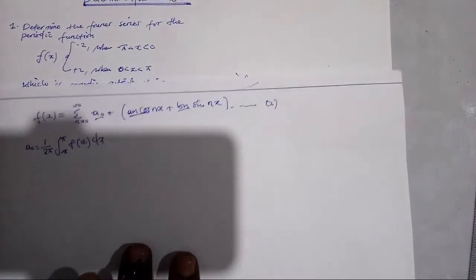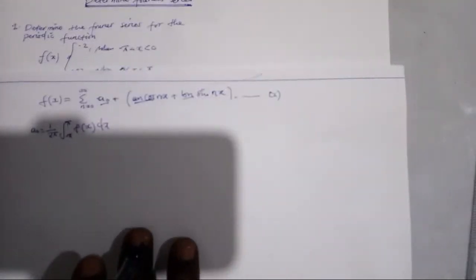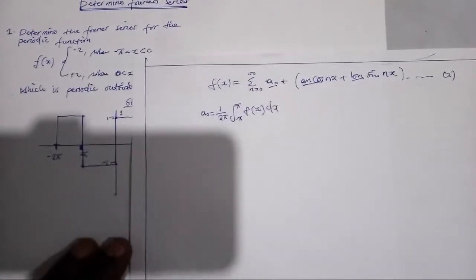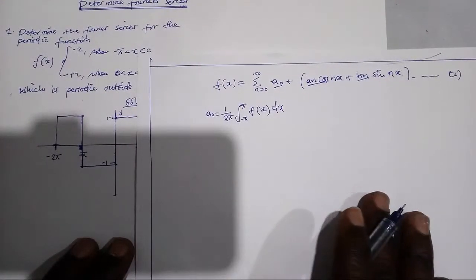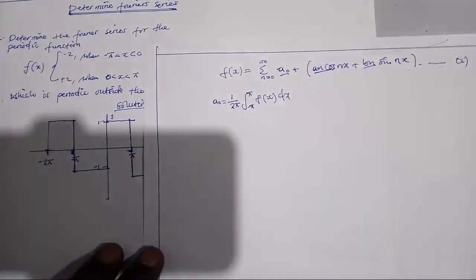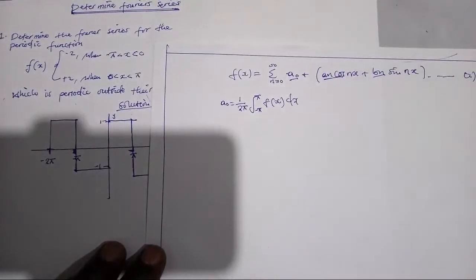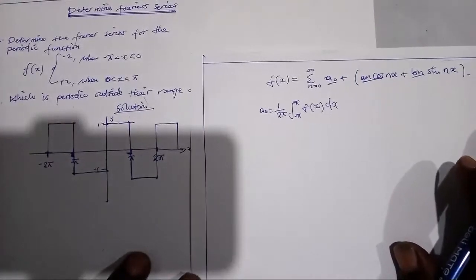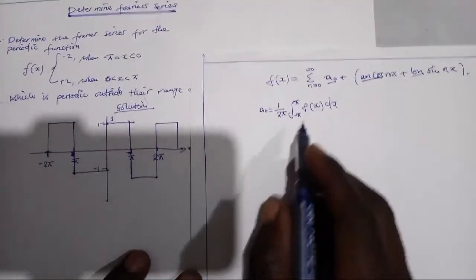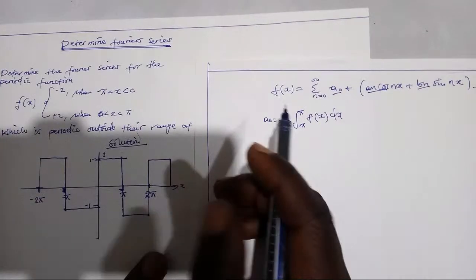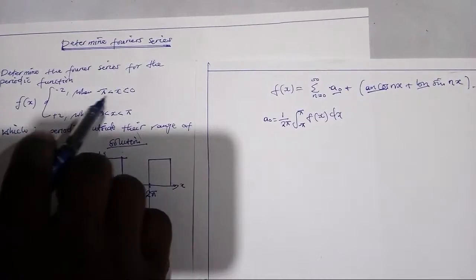So now let's move on to another step. We're going to be solving it here. Here we have this range which you are seeing. When you have -2, you're going to use this range.